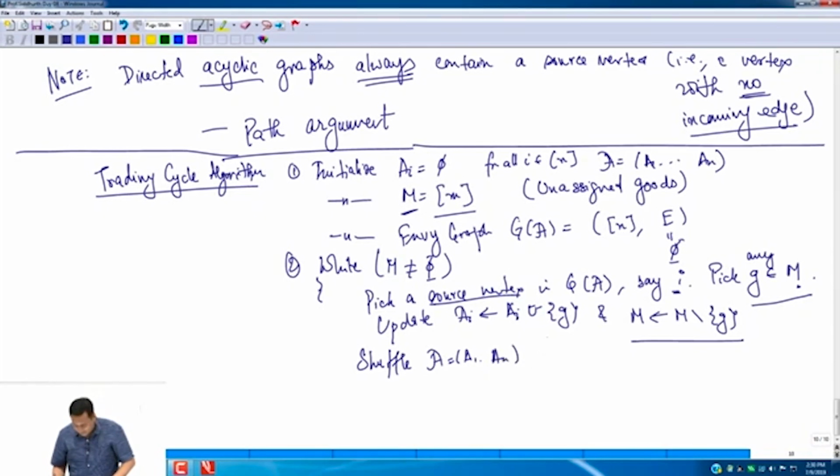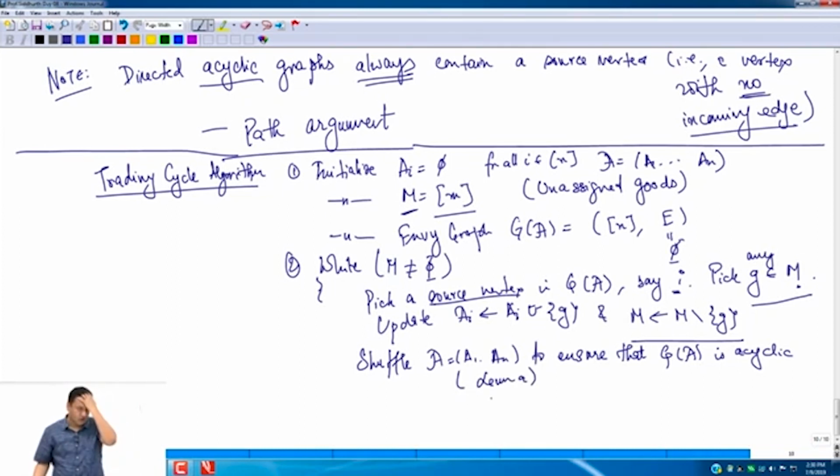I'll shuffle A, if required, to ensure that G_A is acyclic. Remember the lemma that this does not decrease the valuations, and I can execute this step following this lemma in polytime such that this is necessarily obtained.